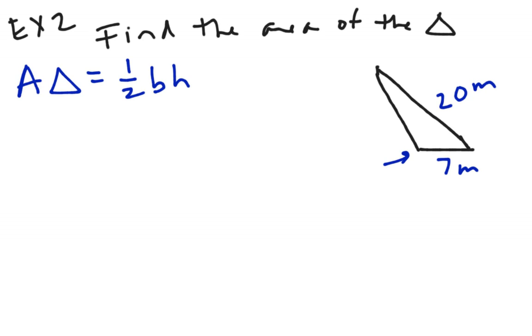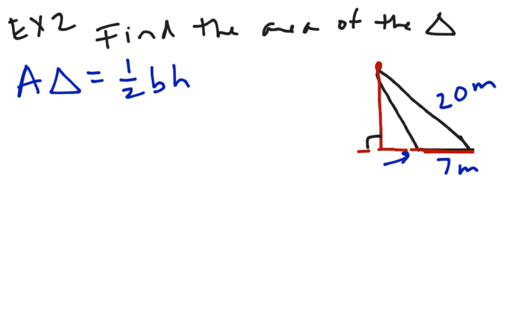And the height, if I extend, so let's say my base is the 7. If I extend it out, then remember, I'm going to go opposite my base to the vertex, which is up here. So the red line is my base, the red point is my vertex, and now I can draw a line that comes straight down and is perpendicular to my base that I've extended.